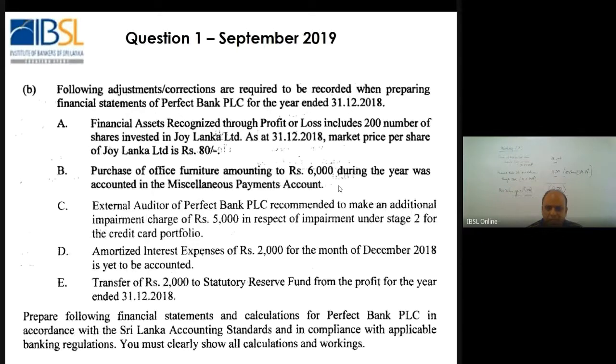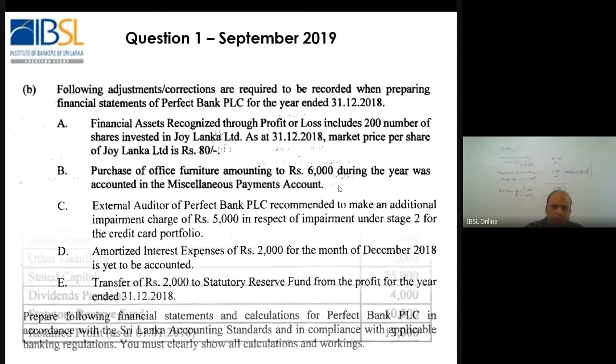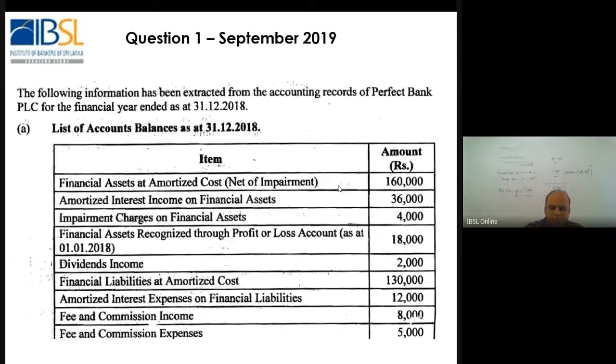And the last adjustment, amortized interest expense of 2000 for the month. So for the P&L deposits, you have to adjust the interest on your deposits by another 2000. So where do we get this? Amortized interest income. But here comes amortized interest expense. That is 12,000.